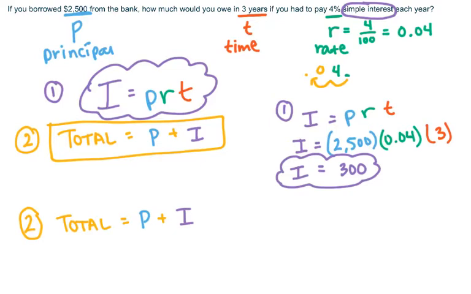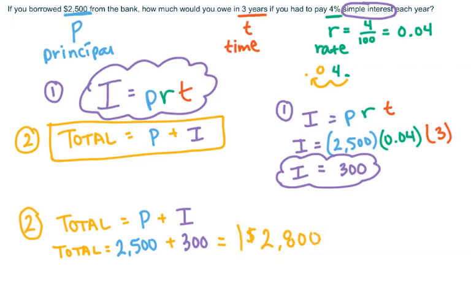Thank you for letting me borrow this money at the time I needed it. So you have to pay back the $2,500, and you have to pay interest as a gift to them for letting you borrow that money. So your total amount is going to be $2,500 plus $300.